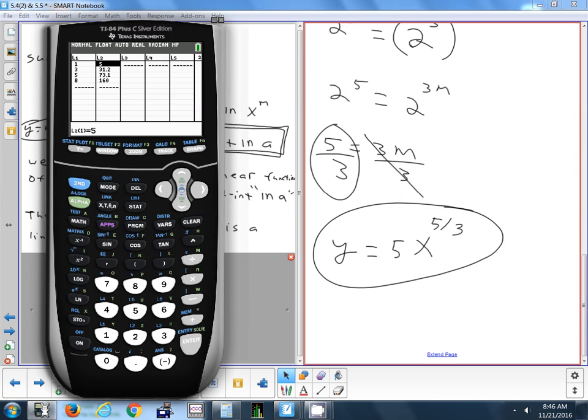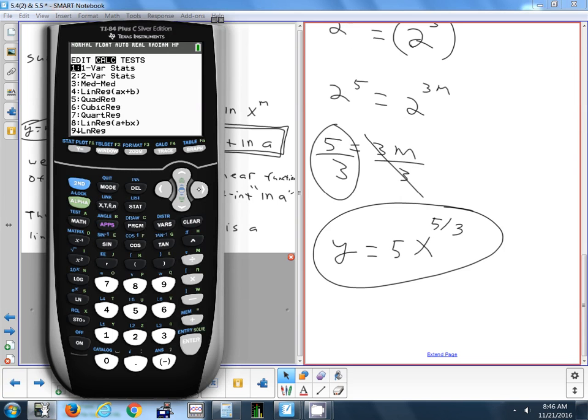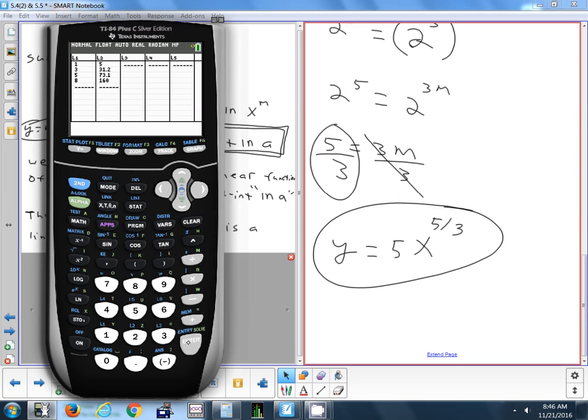Press Stat, go to Edit, and hit Enter. And you can try it if you want, on your calculator. I've got my table of data in there.